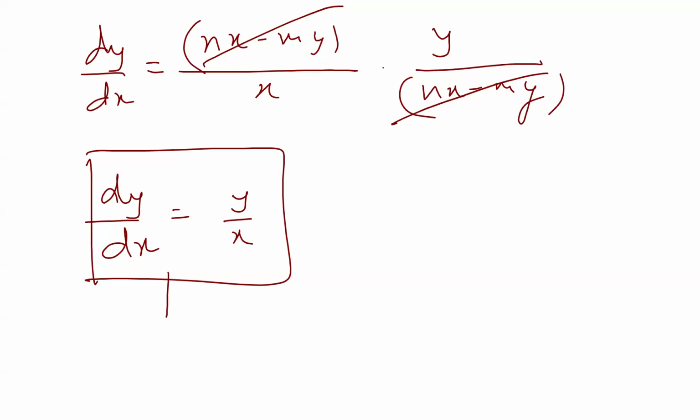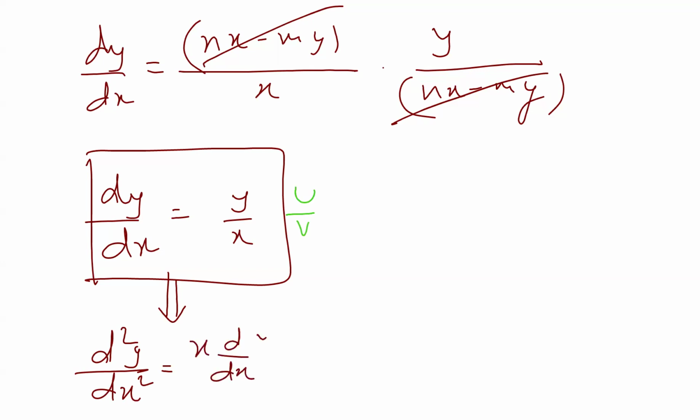So differentiate this one second. Okay, so left hand side will be d square y by dx square. Right hand side, apply quotient rule u upon v. So v derivative of u minus u derivative of v upon v square.